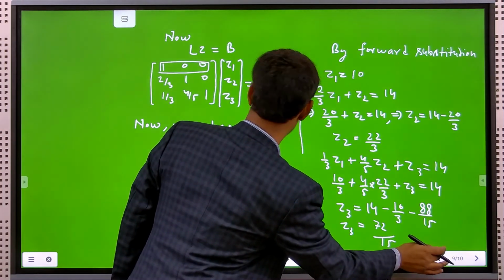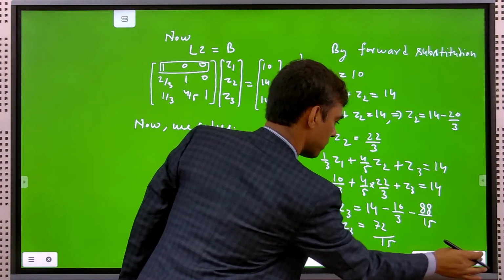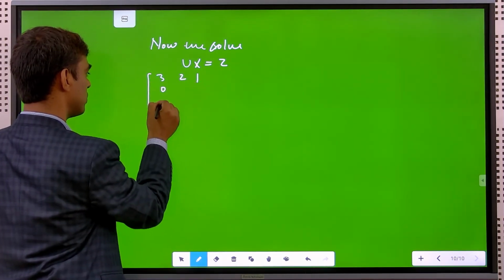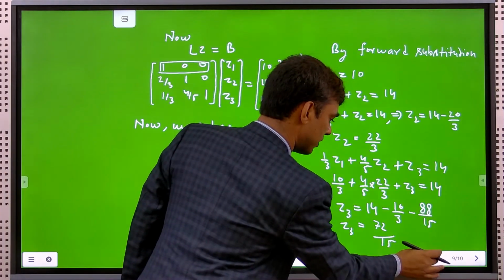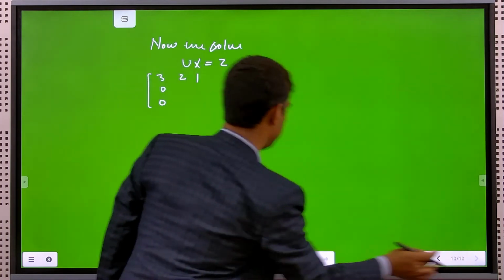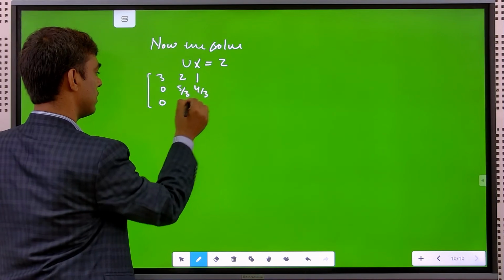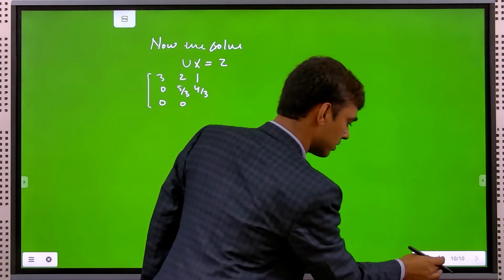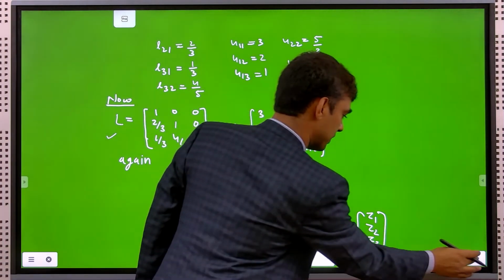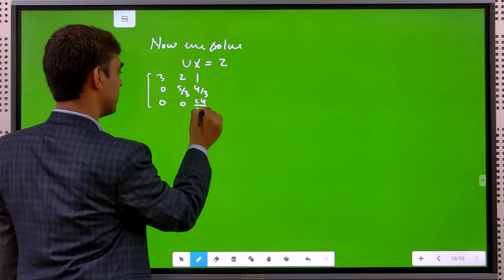The first row is 3, 2, 1; the second row is 0, 5 by 3, 4 by 3; the third row is 0, 0, and the last value is 24 by 15.